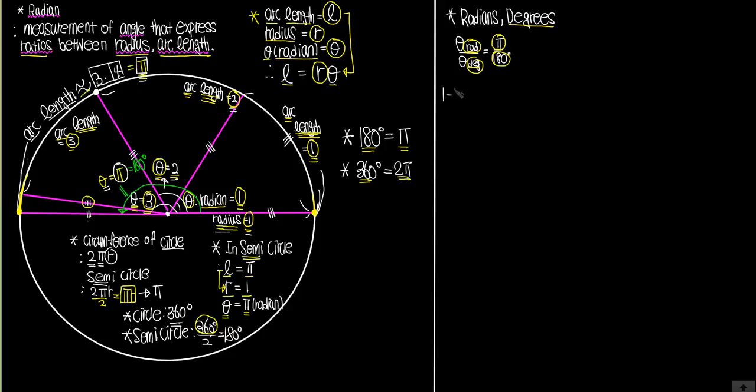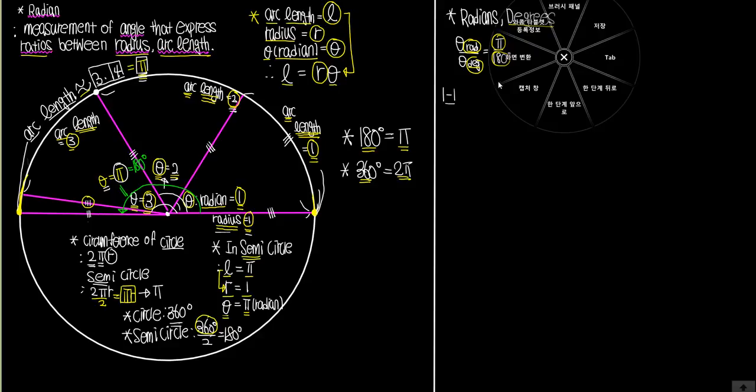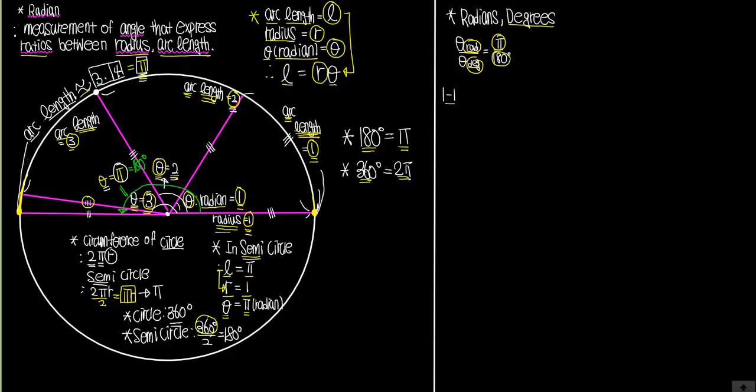We're going to solve it in two different ways. For understanding the ratios or proportions between radians and degrees, the first one is what we actually prefer to use, and if you want to convert radians to degrees or degrees to radians faster, the second one is better.